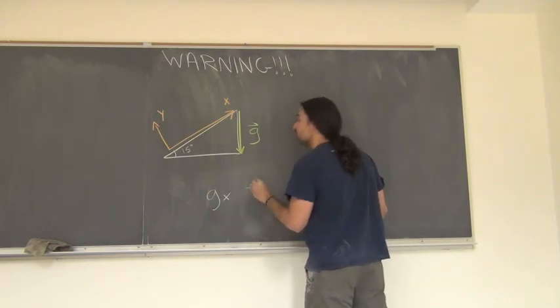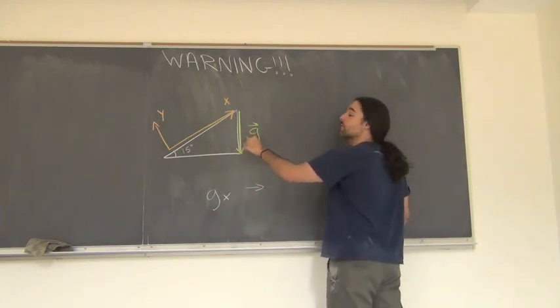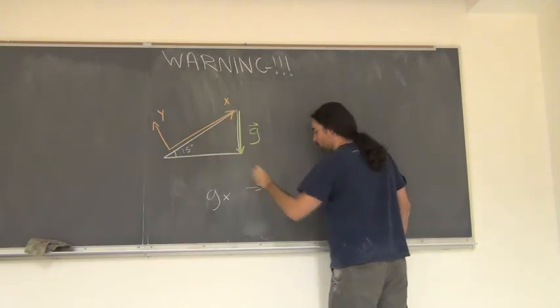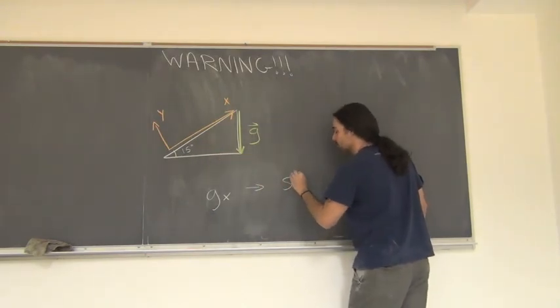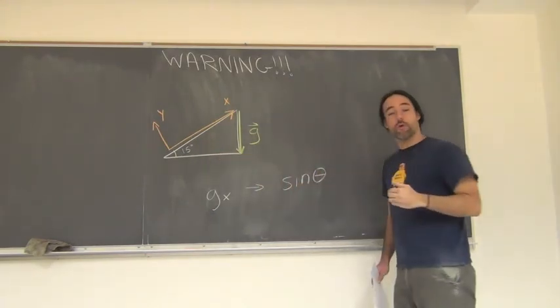So to do that, we know that G here is the opposite side of this angle. So that would be the sine of theta by the SOH.